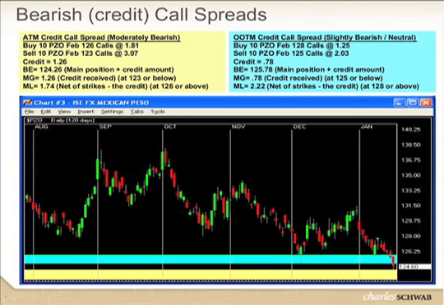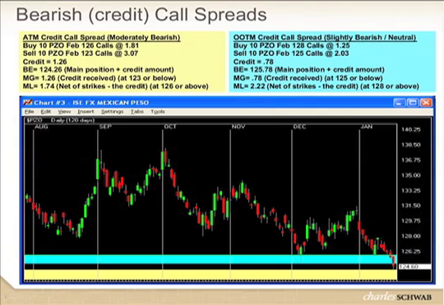Now where's my max gain? My max gain, remember, happens when both options expire worthless and I get to keep all the money I brought in on day one. Well, that's $1.26, so my max gain is the credit I received, or $1.26. That occurs when both options expire worthless. Call options expire worthless if the underlying is below the strike prices. So, in other words, this index has to drop below 123 for both options to expire worthless, and I get to keep the entire $1.26, and I hit my maximum gain.